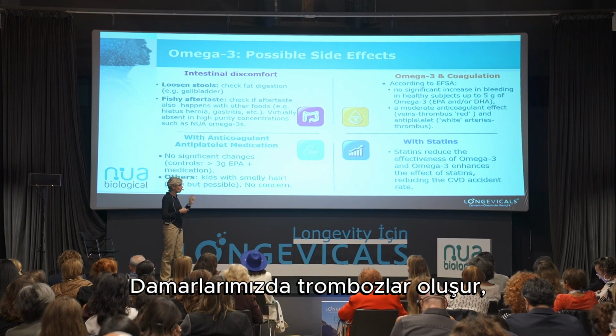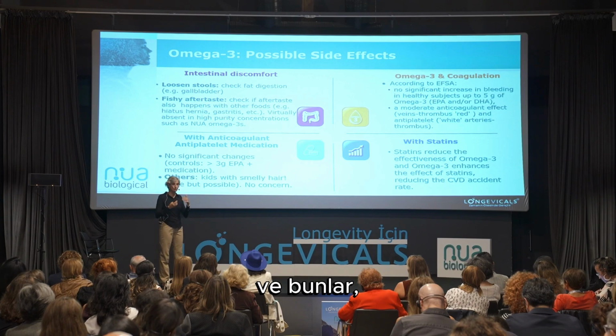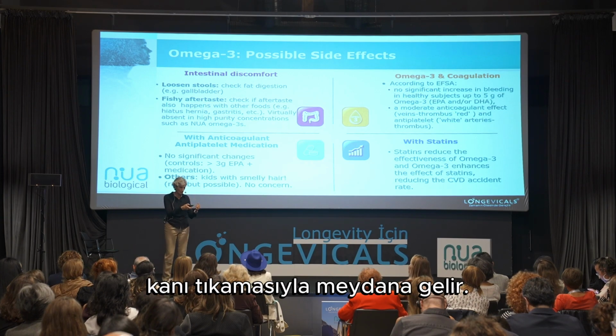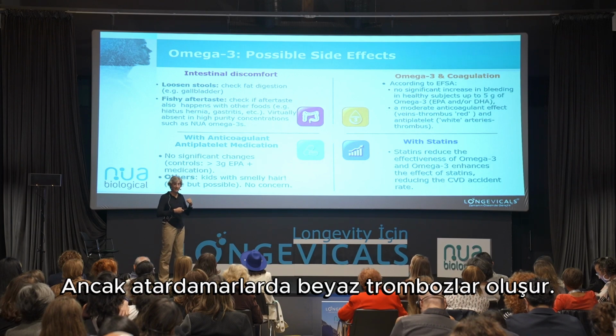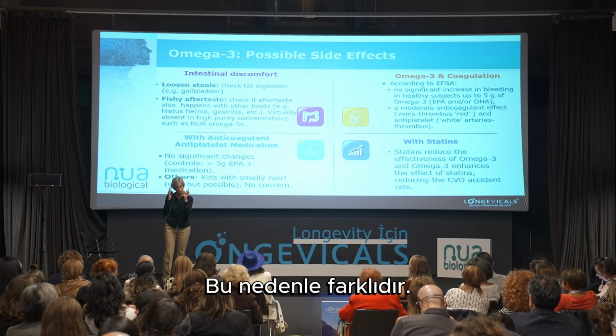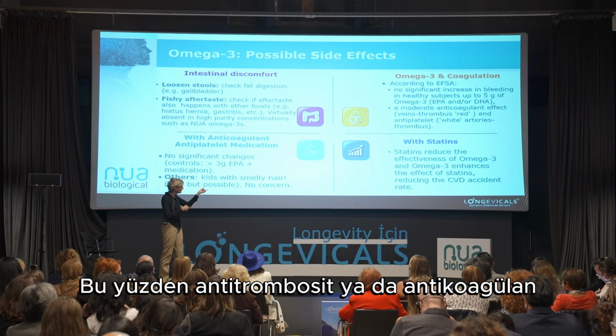In the veins we get thrombus, and they are formed by red blood cells that stick together, and they block the pass of blood, okay? But in arteries, what we get are white thrombus, because they are platelets that get together, okay? So it's different. That's why we have antiplatelet or anticoagulant.